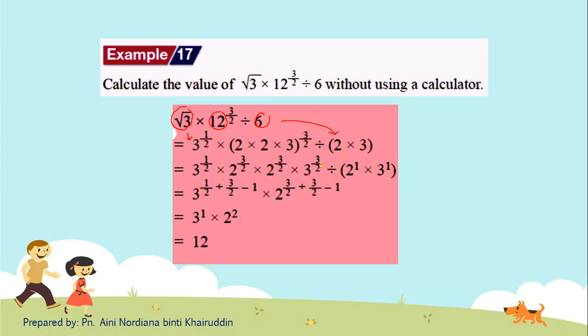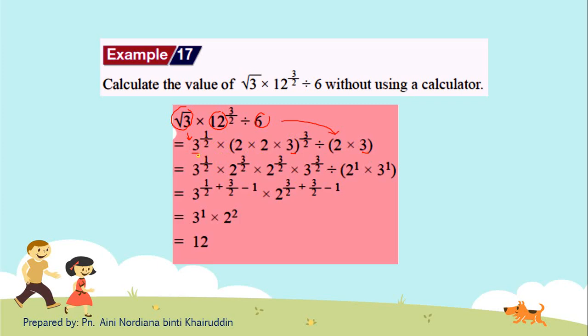Some tips here: 12 is actually you can change to 6 times 2 or 4 times 3, but we use the very least number here so that we can find the same base, so that we can use law of indices.